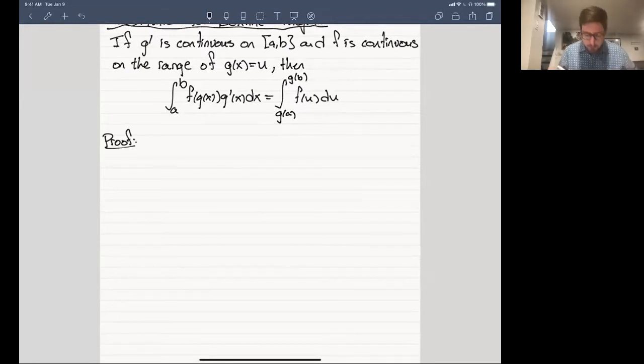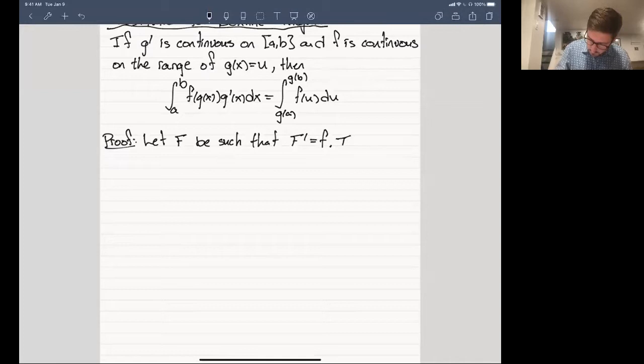Well, if we use capital F to denote the antiderivative of little f, so let F be such that capital F prime is equal to little f, then the left-hand side here can be written as capital F at g of x going from a to b, right?